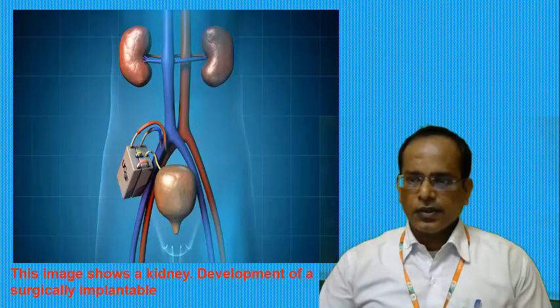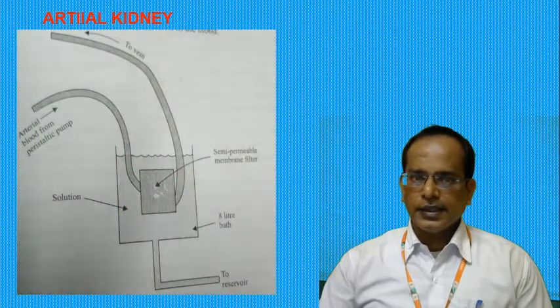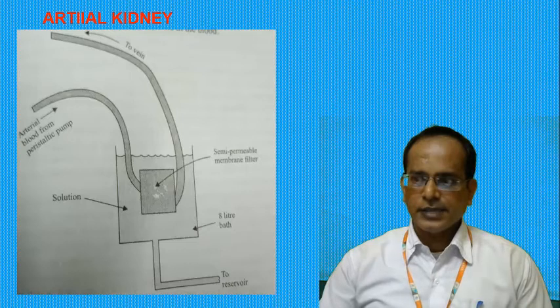That is what they call an AV shunt. This is the artificial kidney, a simple diagram, and this method we can also call the dialysis method.